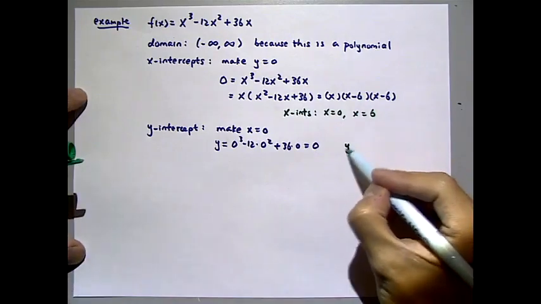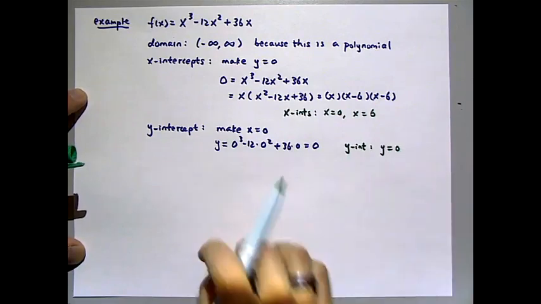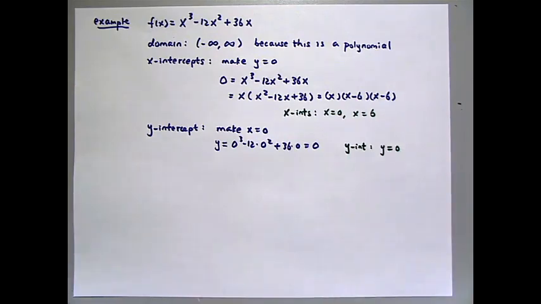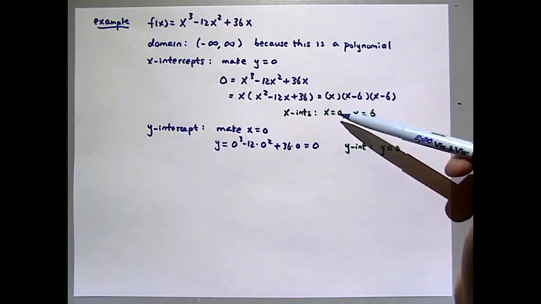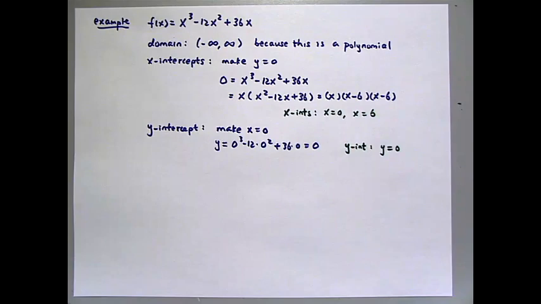That tells us that our one and only y-intercept occurs at y equal to 0. This is actually the same point as x is equal to 0. So even though we have three things here, there are really 2 unique points. That one's duplicating that. All right, so we got the intercepts.